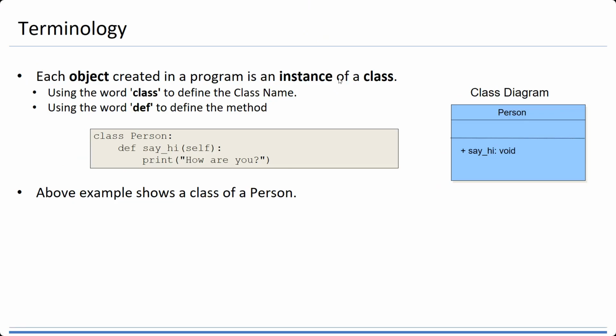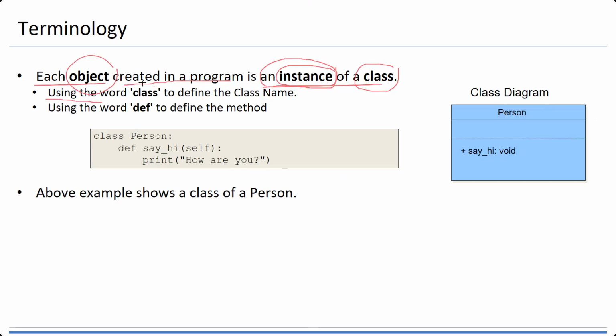The terminology of object. We can see an object later. This kind of object in a program, we call it an instance, or an instance of a class. So the terminology, we can see here: instance, class, and object.